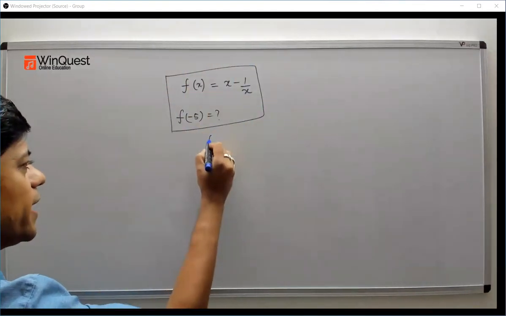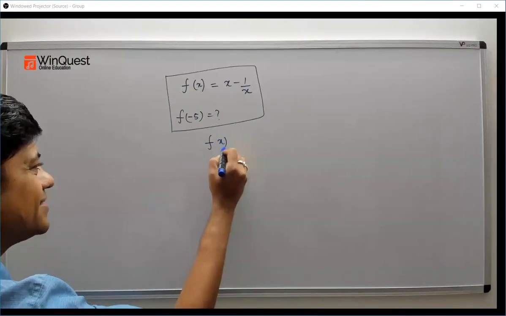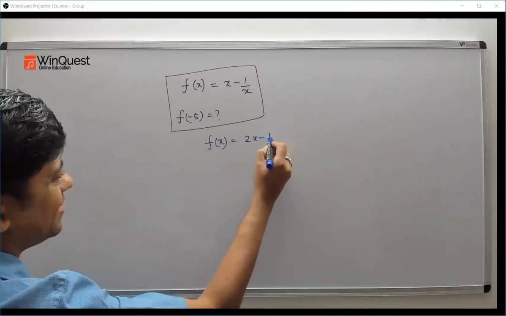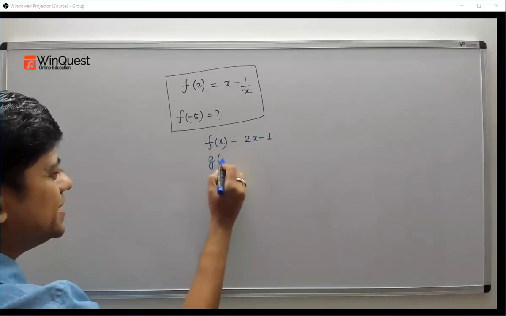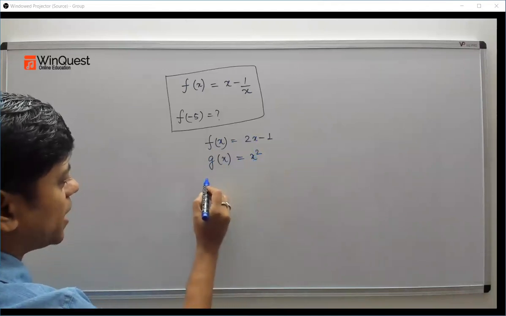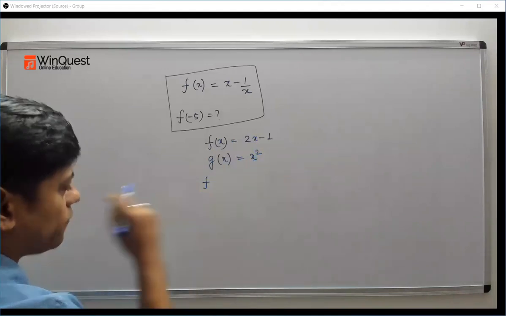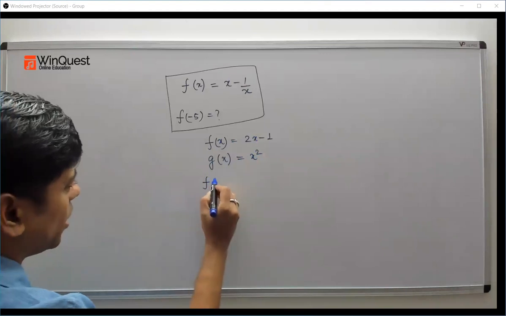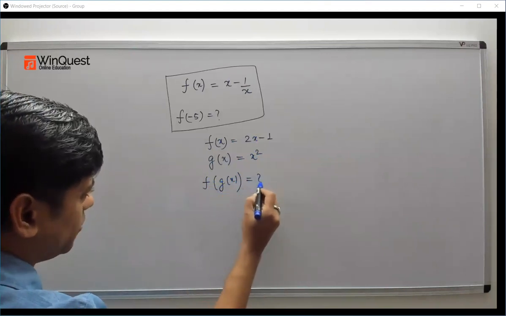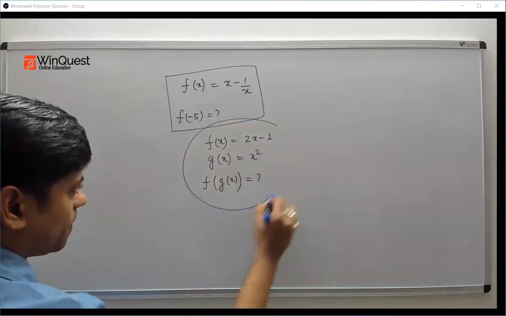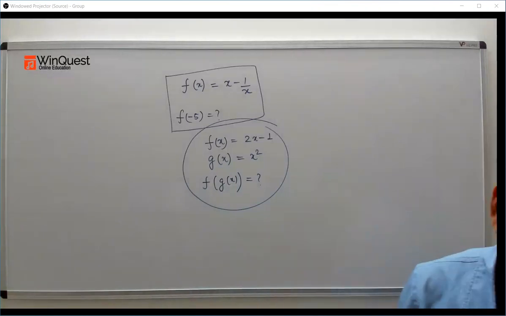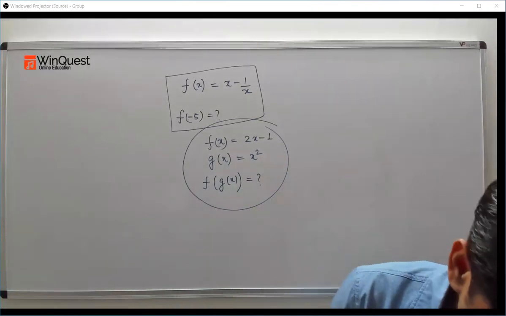If I say f of x is equal to 2x minus 1, and there is another function g of x equal to x square, and if I ask you f of g of x is equal to what, then what do you do? Substitute x square.